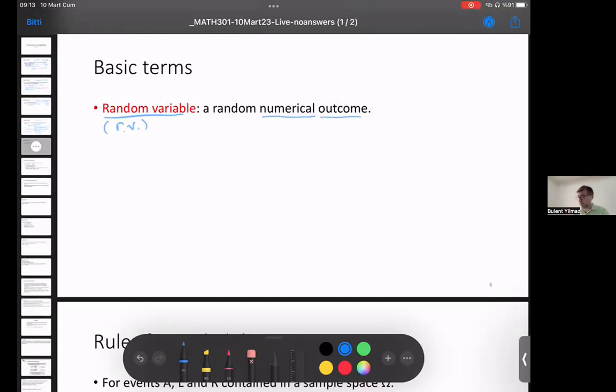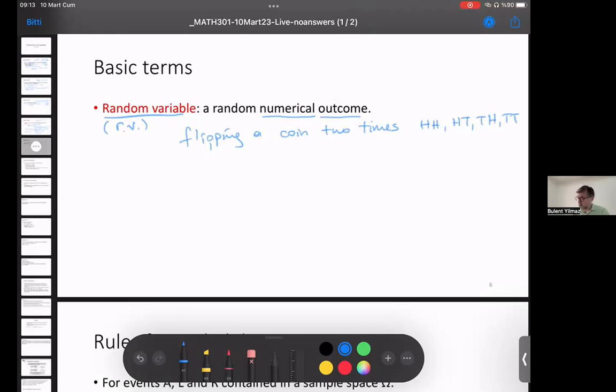For example, I am flipping a coin 2 times, same example. I have all possible outcomes, HH, HT, TH, and TT.